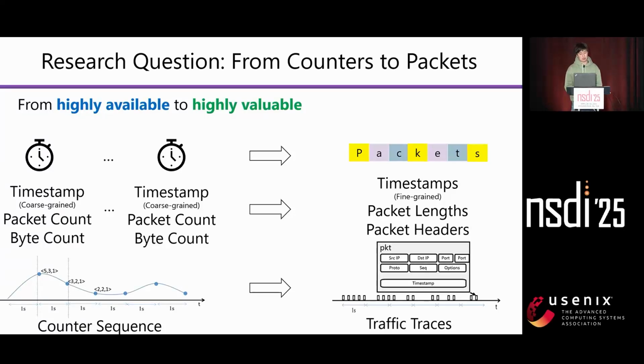This leads to our research question. That is, can we reconstruct highly valuable traffic traces from highly available counters? And specifically, from a counter sequence, can we infer each packet's timestamp, length, and some basic header fields?